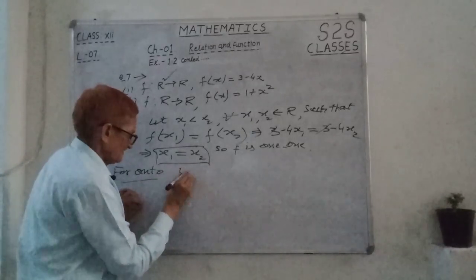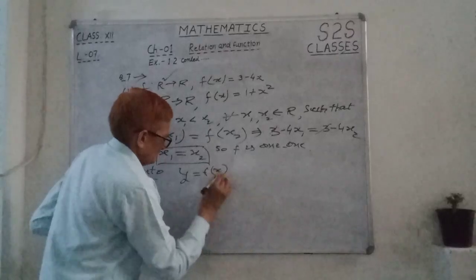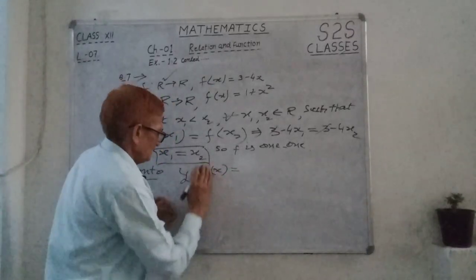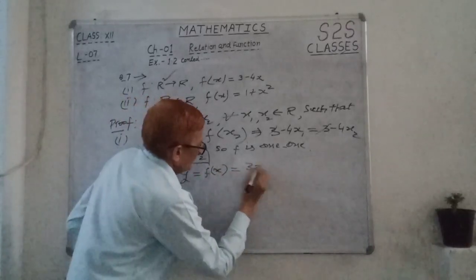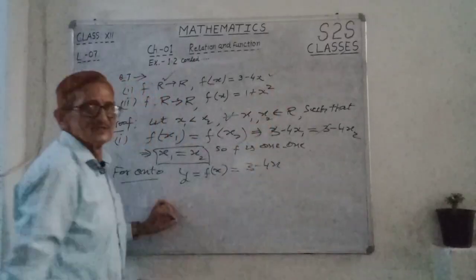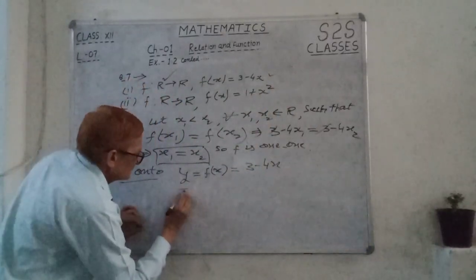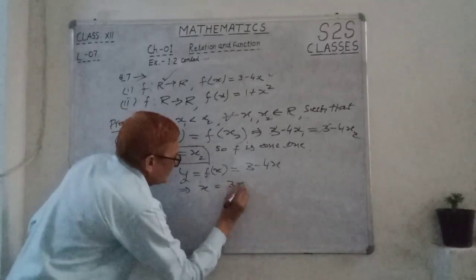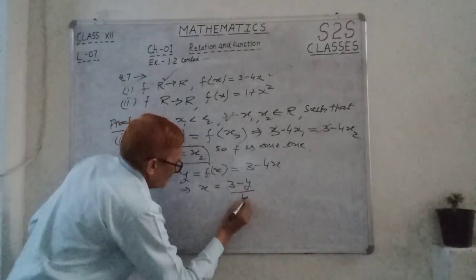Find the range. Then y is equal to f(x), which is 3 minus 4x. Taking the x value from here, x will be equal to (3 minus y) upon 4.